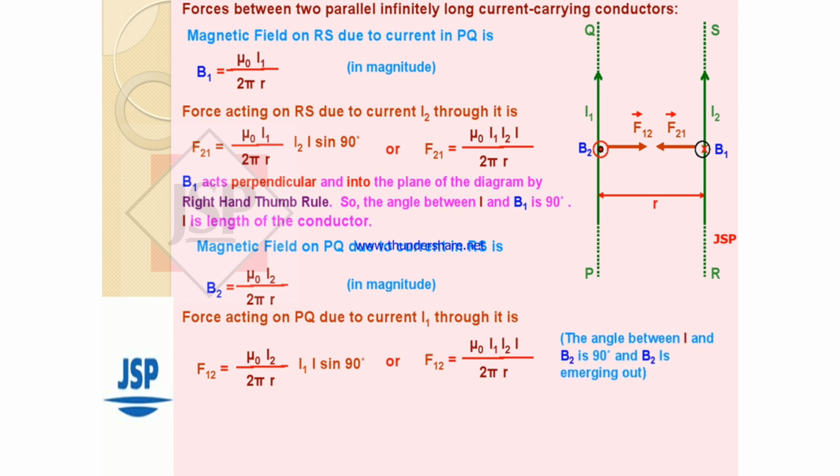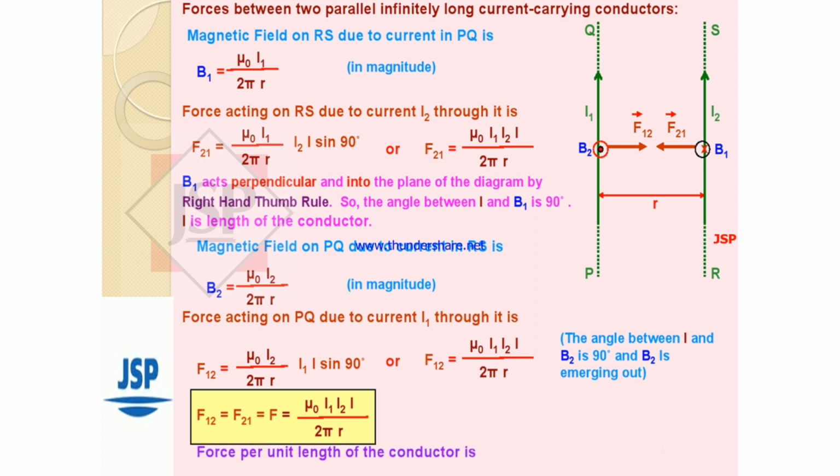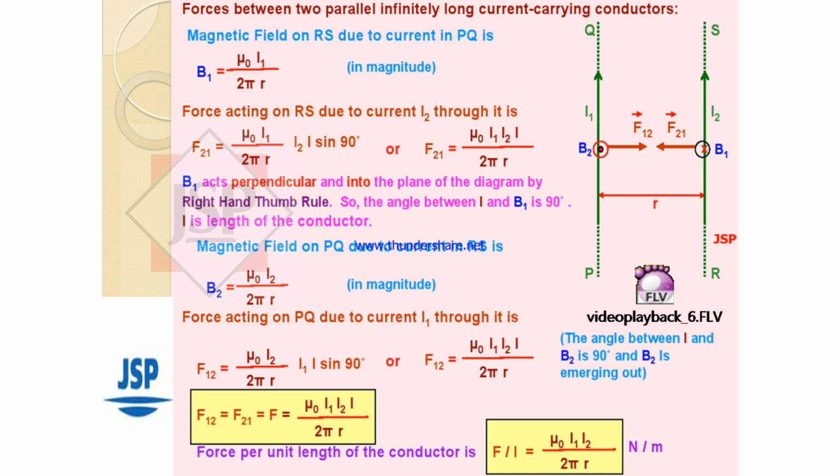F12 equal to F21 equal to F equals mu naught I1 I2 into L divided by 2 pi R. Force per unit length of the conductor is F by L equal to mu naught I1 I2 divided by 2 pi R Newton per meter.